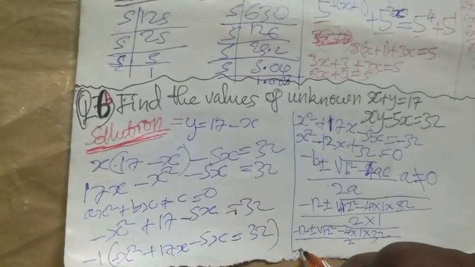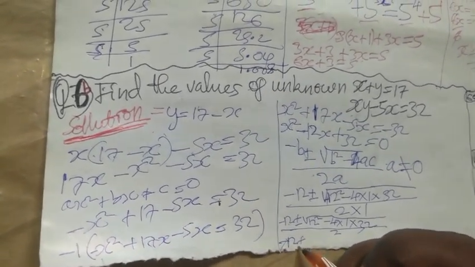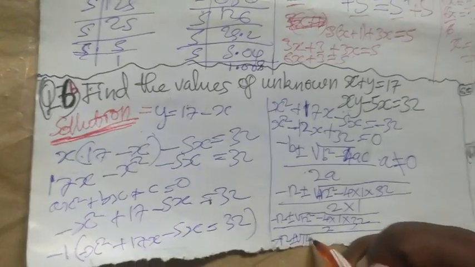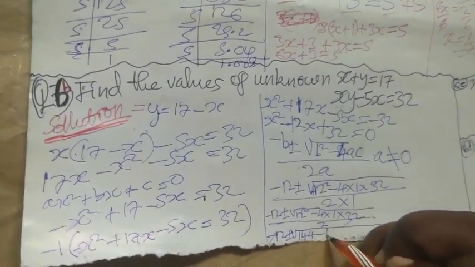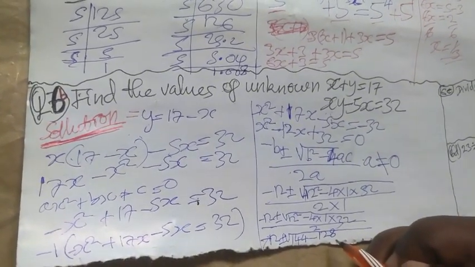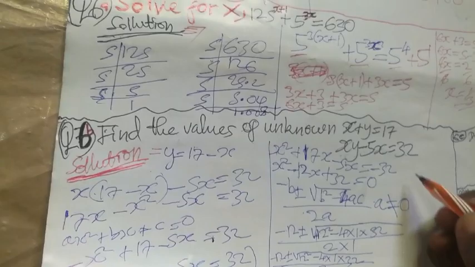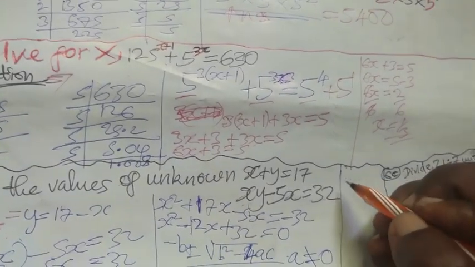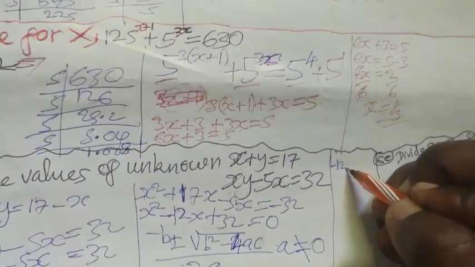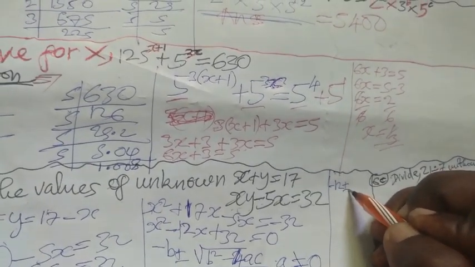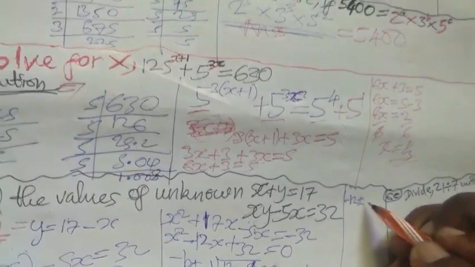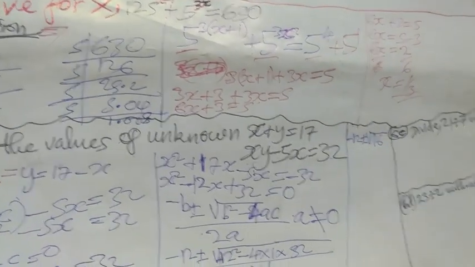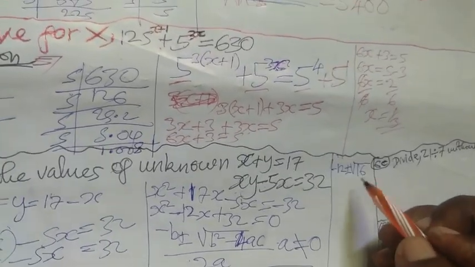This will further give us 12 plus or minus the square root of 144 minus 128, which will further give us 12 plus or minus the square root of 16, because 144 minus 128 gives 16.